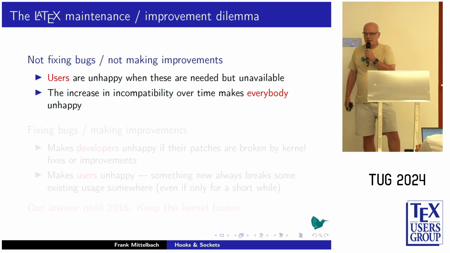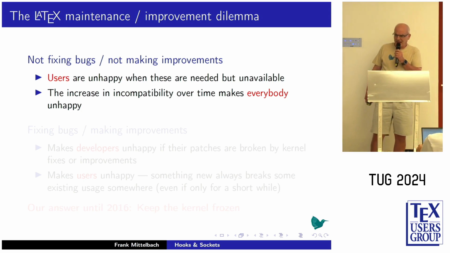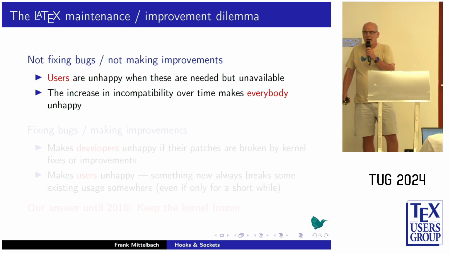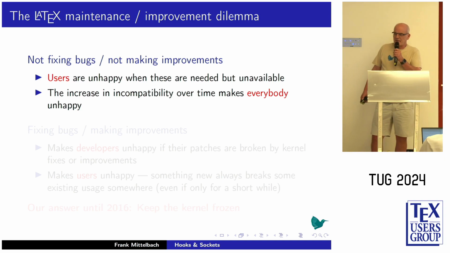The result is users are not happy if some of those bugs need to be corrected. Also, the result is that over time things get more incompatible because packages try to fix those bugs, and then of course you introduce incompatibilities depending on is a certain package loaded, etc., etc. So that's just one situation.